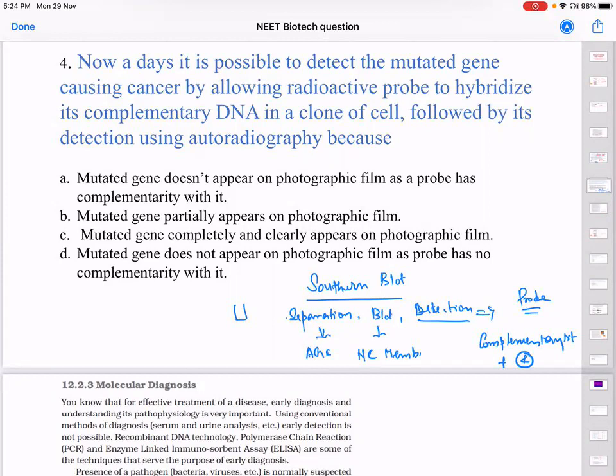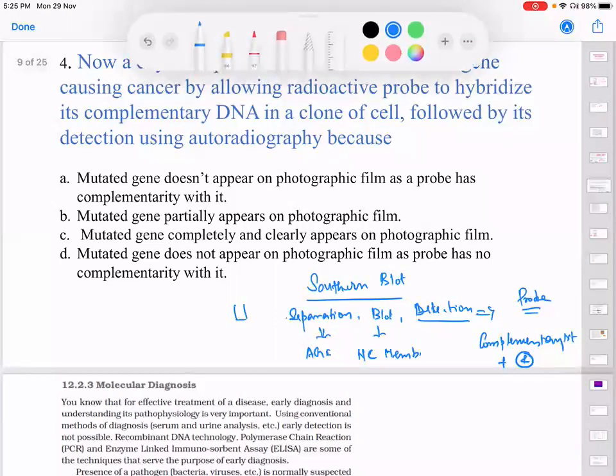For example, if the DNA which I am looking for is AGCC, then my probe will be TCGG, which is attached with the radioactive material. If I add this probe TCGG, it will look for this particular sequence and bind.